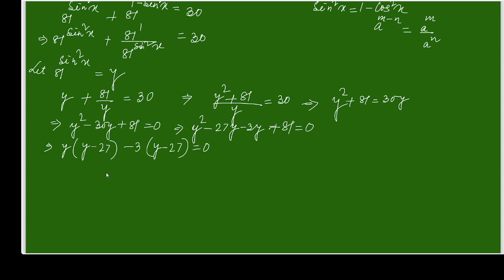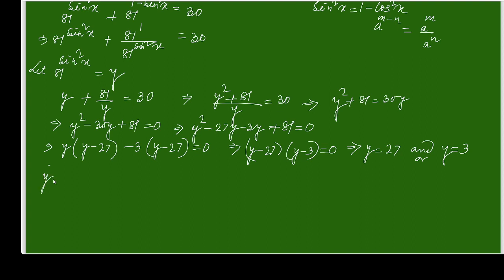So this gives me two factors: y minus 27 and y minus 3 is equal to 0. Or this gives me y is equal to 27 or y is equal to 3.